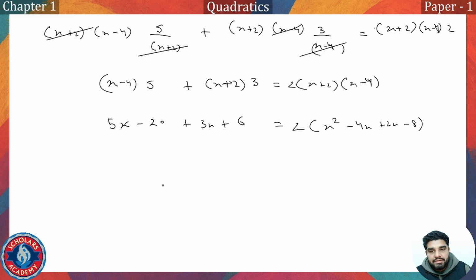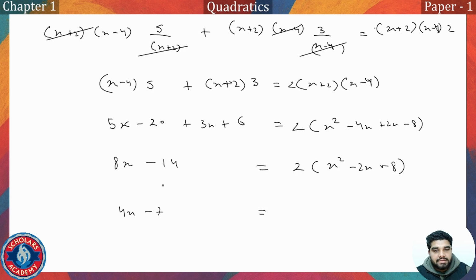We get 8x minus 14 is equal to 2 times x square minus 2x minus 8. So we'll divide it by 2. We get 4x minus 7 is equal to x square minus 2x minus 8.